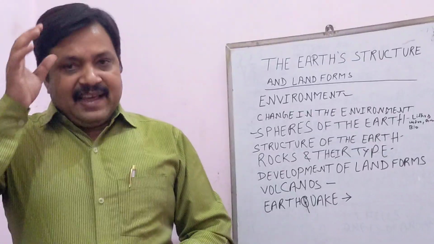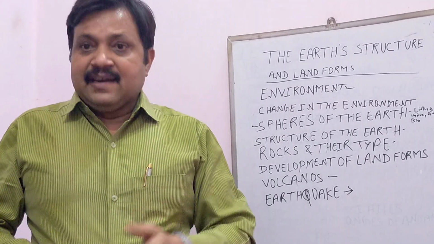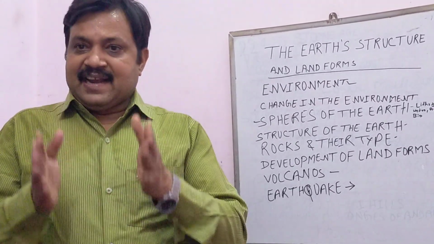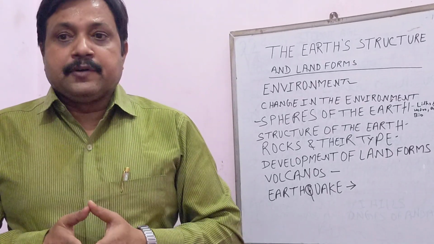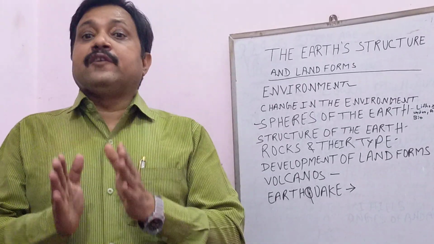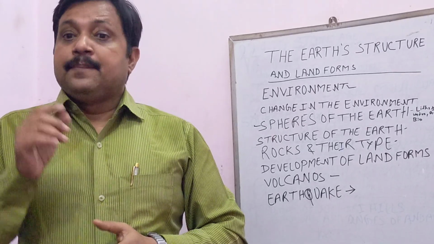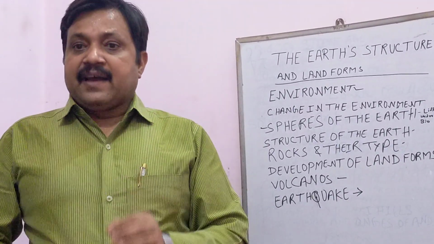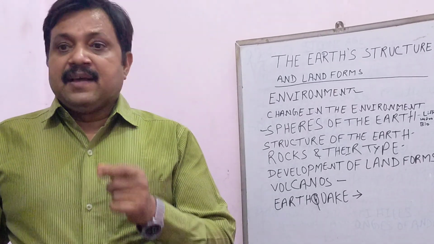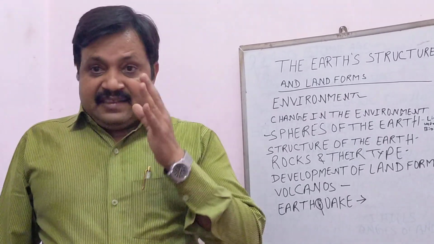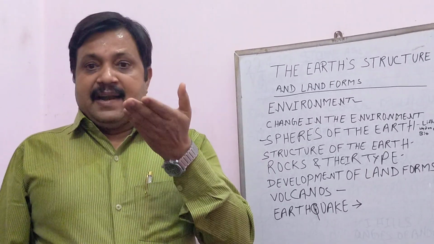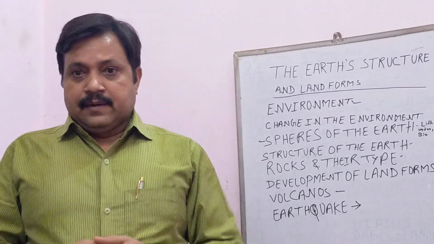Now, the next layer of the earth is mantle or mesosphere. This mantle is the second layer which extends up to a depth of 2900 km below the crust, and its chief constituents are iron, magnesium and silica. This mantle also consists of two layers, the upper mantle and the lower mantle.